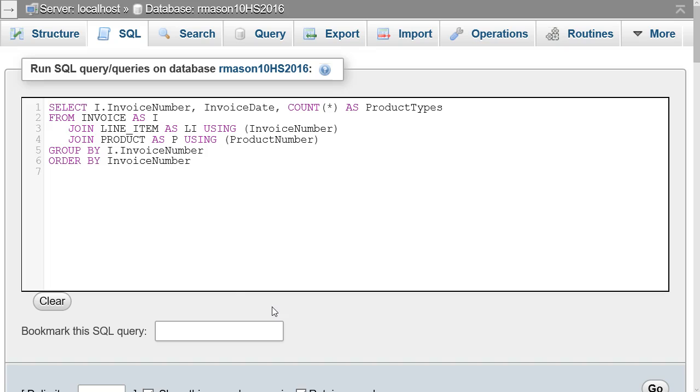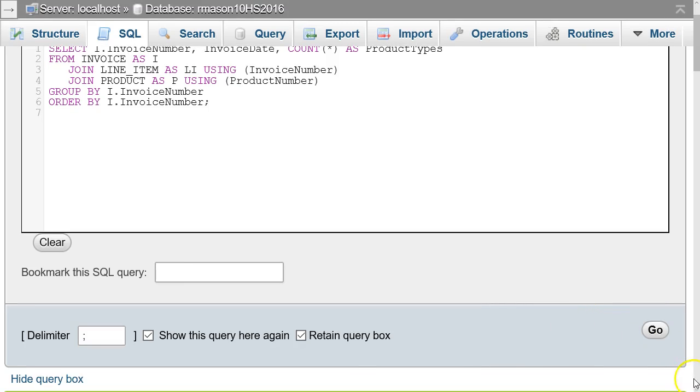And we don't want a semicolon there, we want a semicolon here. And we're going to order it by invoice number as well. We could order it by anything else we wanted to. And let's see how that goes.